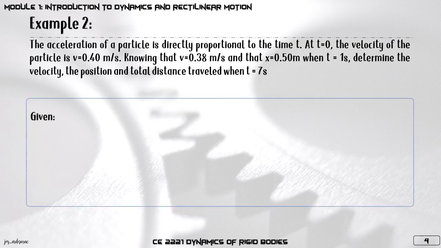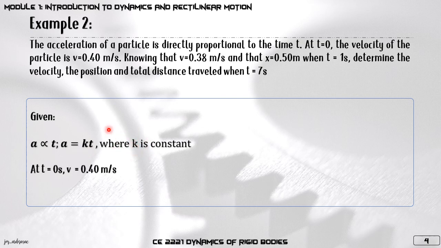So our given are the proportionality of acceleration to the time. So we could write it in an equation wherein a = kt, where k is a constant value. We're also given that at time equal to 0, the velocity of the particle is 0.4 meters per second.